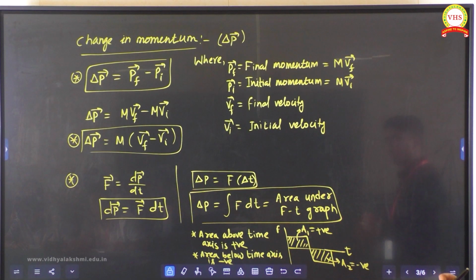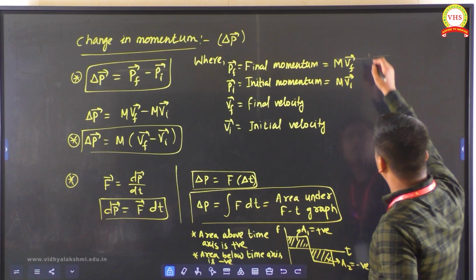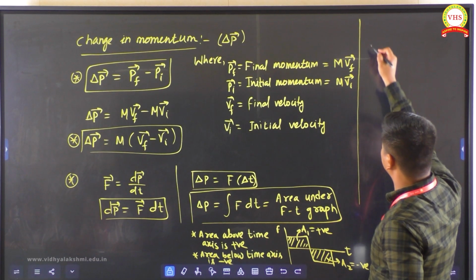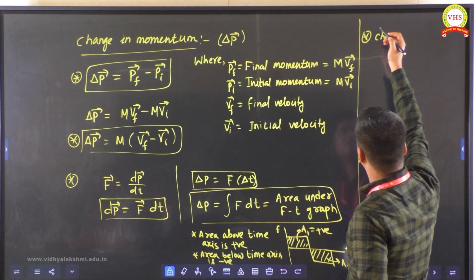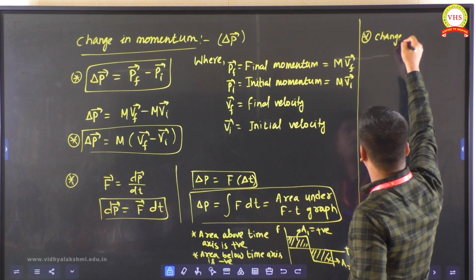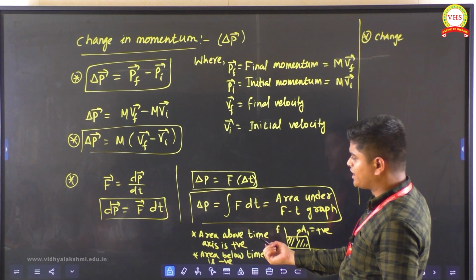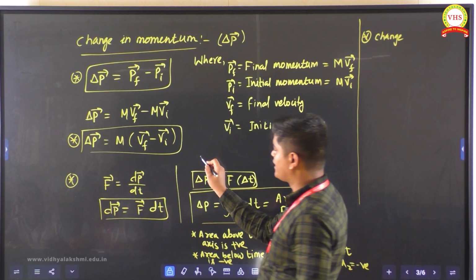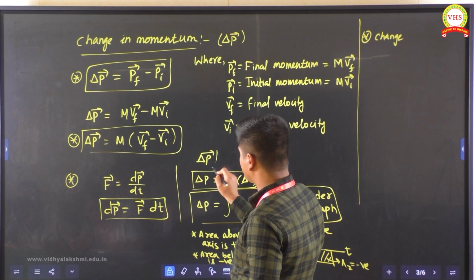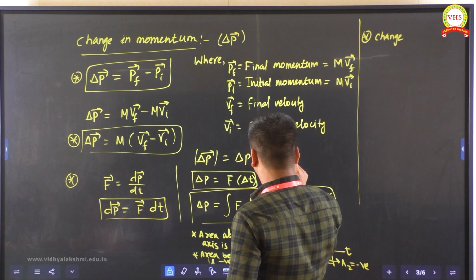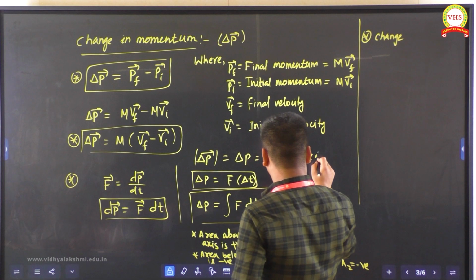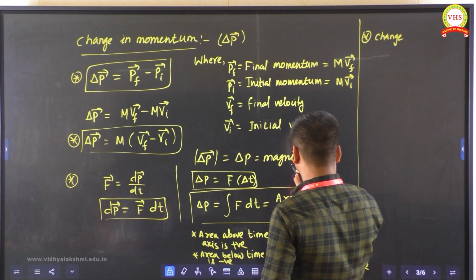So you are remembering this many points here. And for a normal idea, if you want to remember the SI unit and all, give a star mark. Change in momentum is a vector quantity. Delta P vector, and its magnitude is delta P, the magnitude of change in momentum.